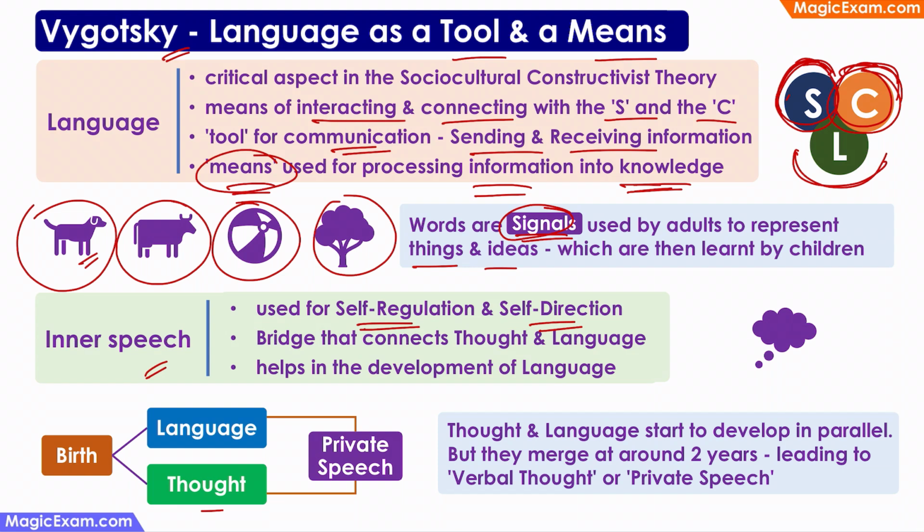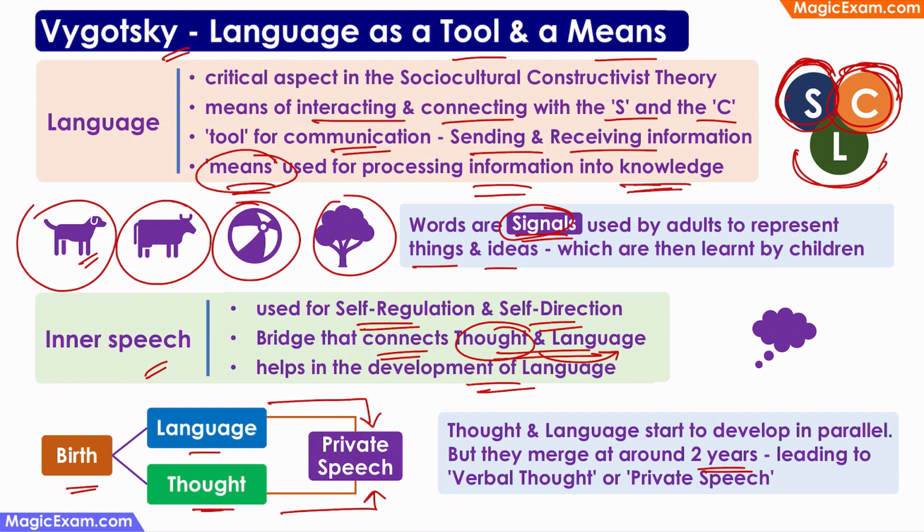And he says that this inner speech is what connects thought and language, because inner speech is nothing but the expression of thought in the form of language. He says that inner speech helps the development of language. And Vygotsky says that language and thought both will start developing right from the time of birth, and at around the age of 2 years, these two will come together and form private speech.